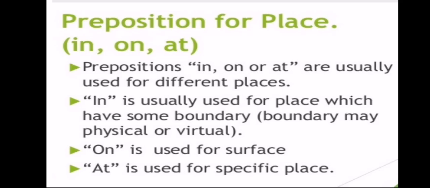Now to go deeper into the preposition of place, where to use in, on and at. In is generally used for a place which has a physical or a virtual boundary. On is used to show that the noun is on the surface of something. At is used to show that the noun is in a specific place.